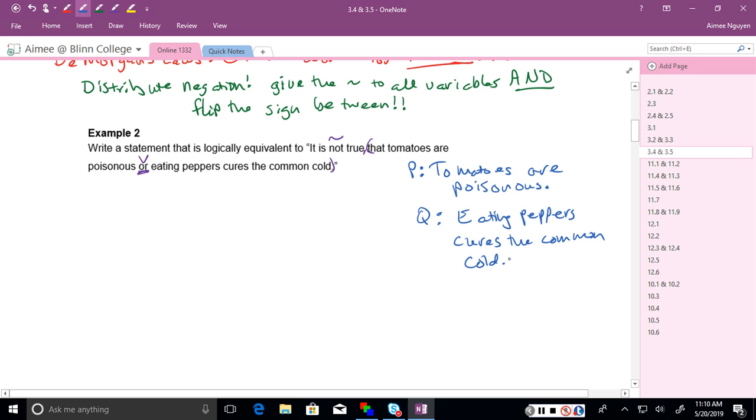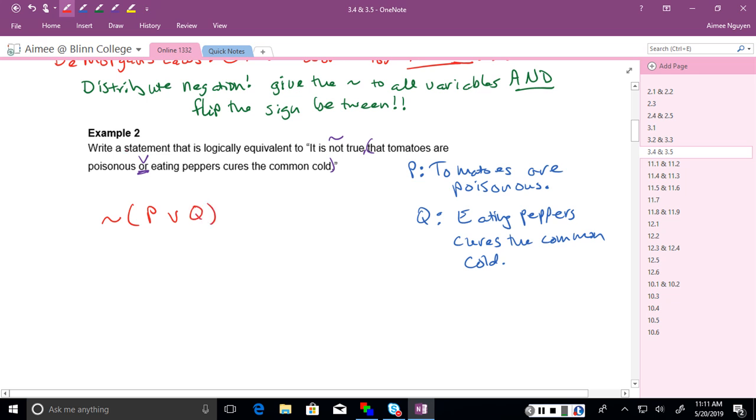And then I can put those things together. So when I look at this and I put these two things together, it says it is not true that, so negation, tomatoes are poisonous, P, or disjunction, eating peppers cure the common cold, Q.